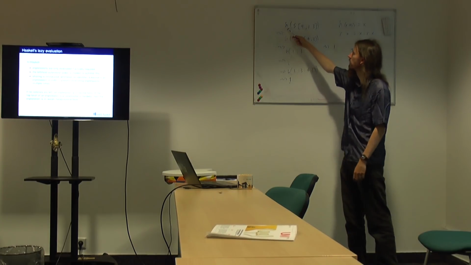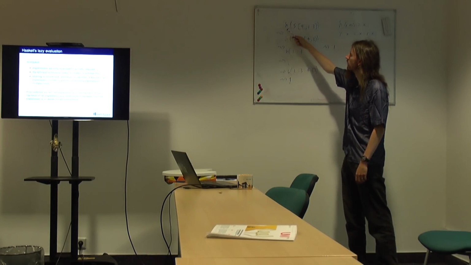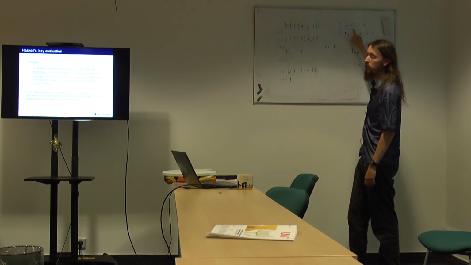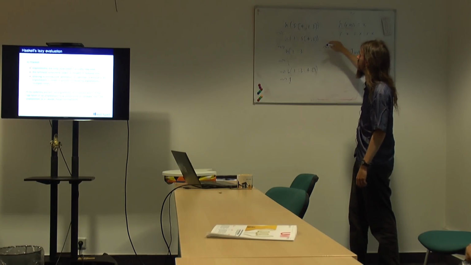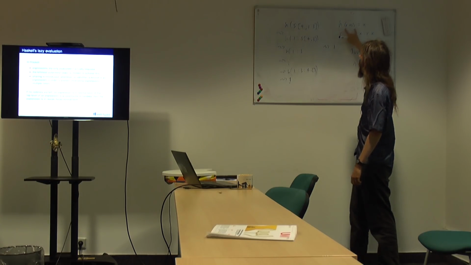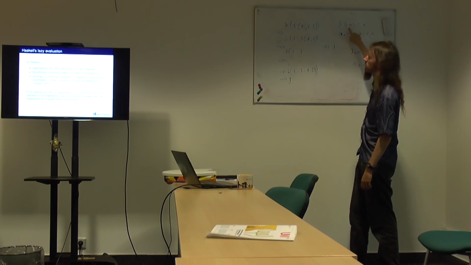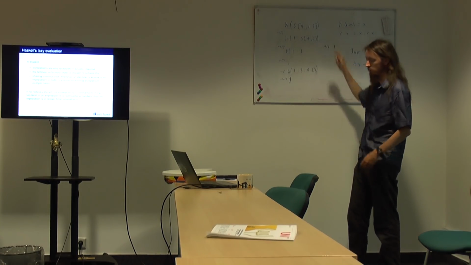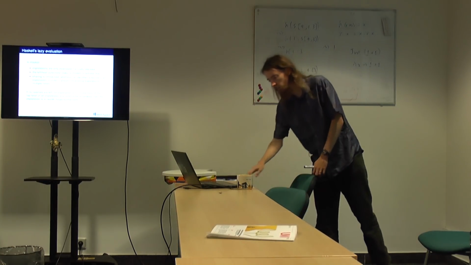Like right here, to be able to check if this pattern matches, we had to evaluate the argument here to reveal a constructor, the constructor being the list cons constructor. So we'll see more examples of that.